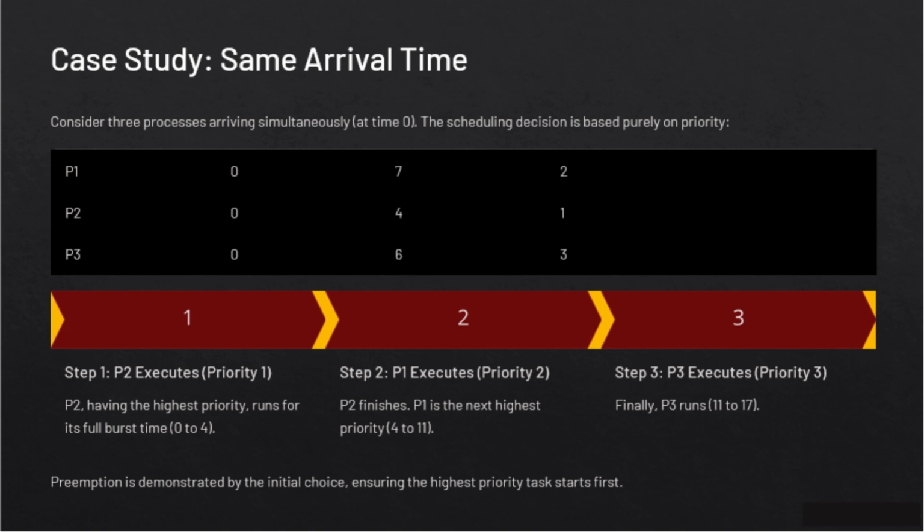Then P1, which is priority number 2, and finally P3, which is priority number 3. This demonstrates that even if processes arrive together, the CPU always selects the process with the higher priority first. This clear rule-based selection helps maintain predictability in CPU behavior.